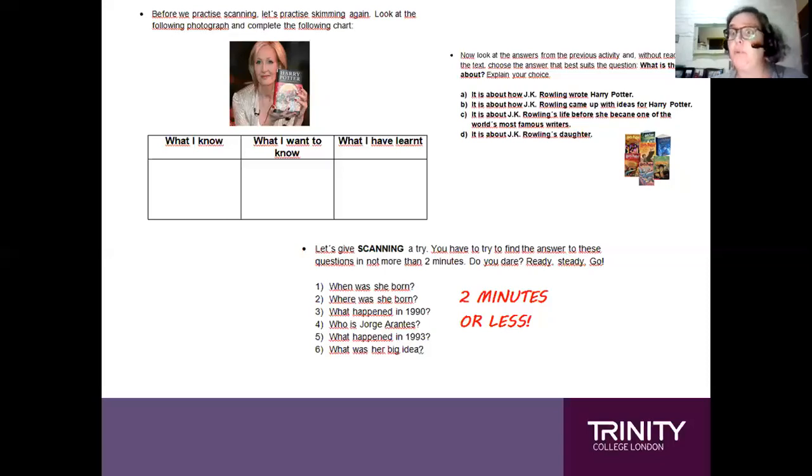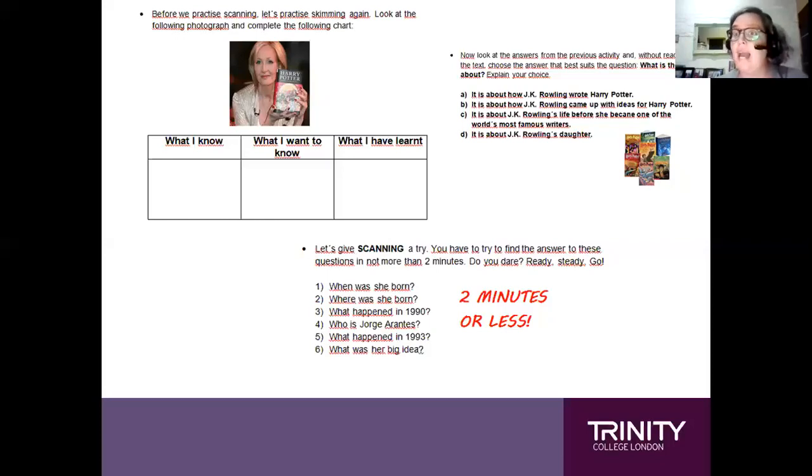So they are previewing, they are using skimming for this. And then it says, let's give scanning a try. You have to try to find the answer to these questions in not more than 2 minutes, because we need to remember that skimming and scanning are quick reading strategies.